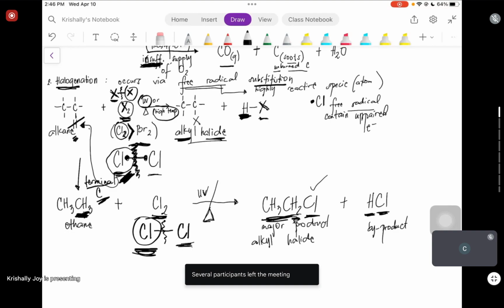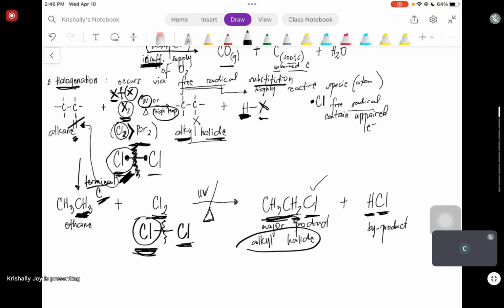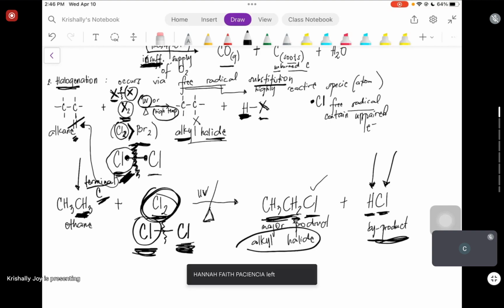Then that's it. You will now produce an alkyl halide. Then, just put the byproduct: the hydrogen that we displaced or replaced with chloro, and then the other halogen from the reactant.